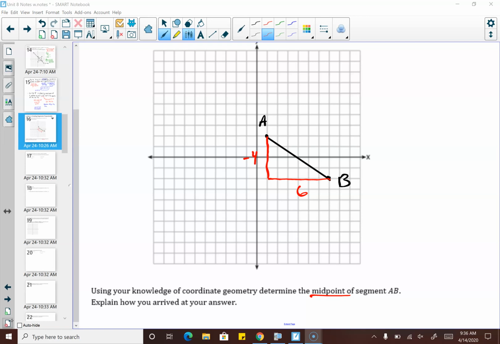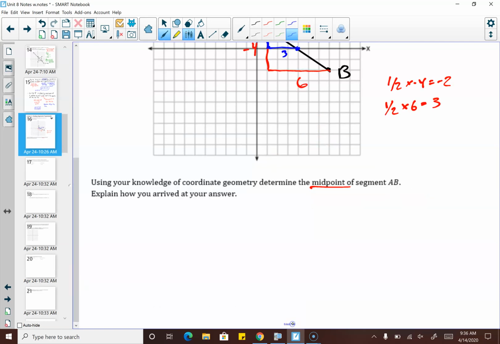So now if we want to determine our midpoint, we're going to do half of negative 4, which is negative 2, and we're going to do half of 6, which is 3. So now I'm going to go down 2 and over 3, and that will get me to my midpoint. We'll call it M, and that has the coordinates 4, 0.